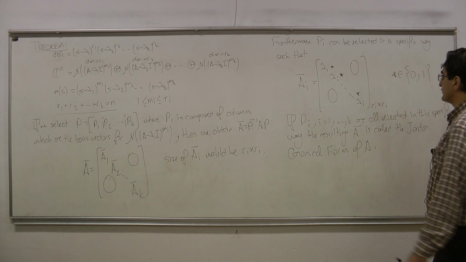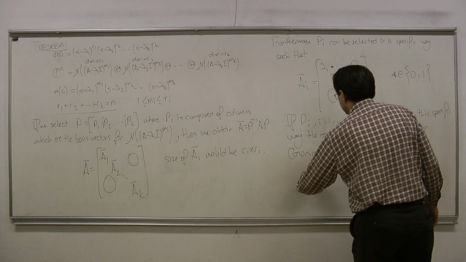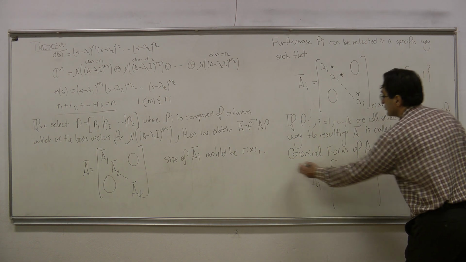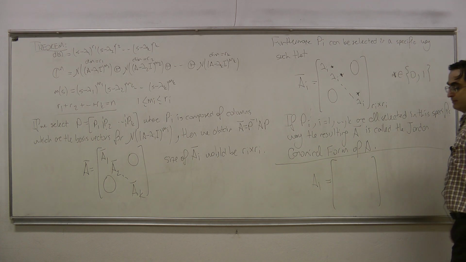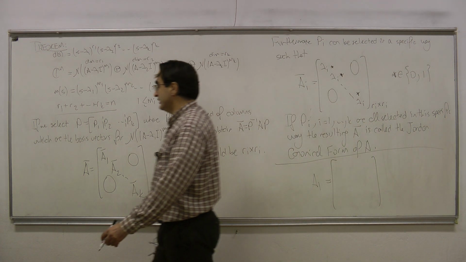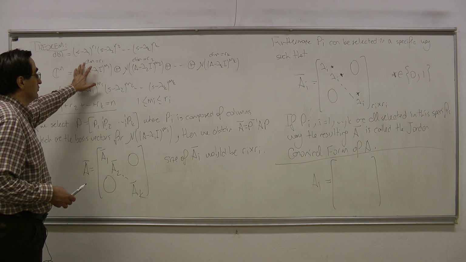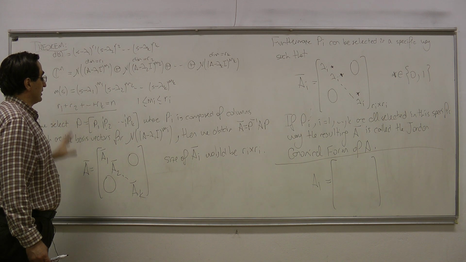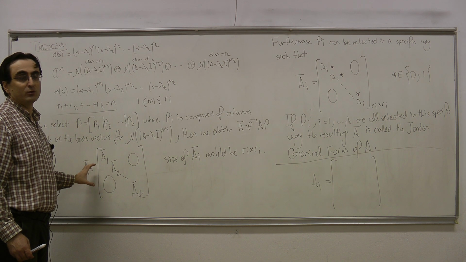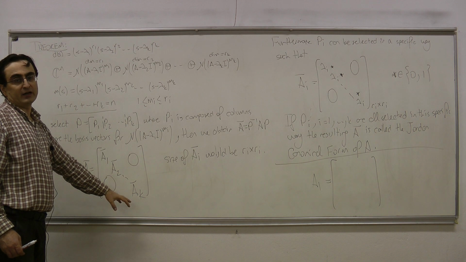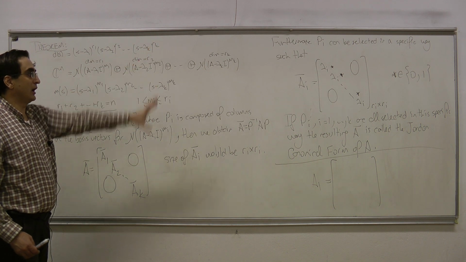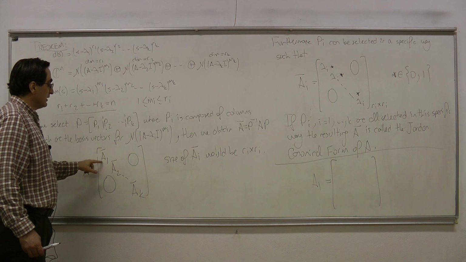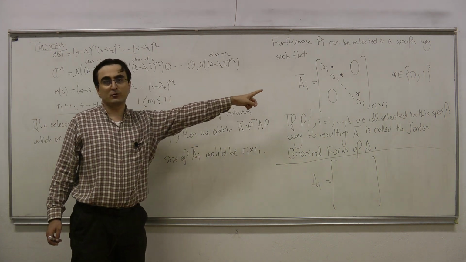So let us try to understand what this really looks like. I have A1, for example, can be in the following form. So this completes the theorem here. So we have seen that we can make such a decomposition, and this decomposition is going to enable us to find a simple representation for the matrix A, which is block diagonal, and even more, I will be able to select these basis vectors in such a specific way that each of these blocks are going to have this type of form.